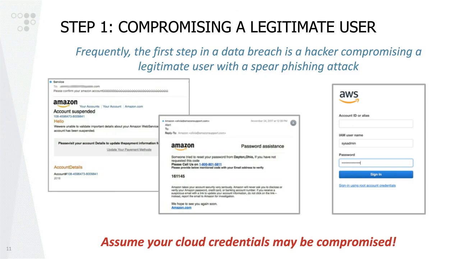So the first step in this data breach is something that frequently happens: compromising a legitimate user. Now, user credentials can leak in a host of ways. It can be a spear phishing incident, it can be negligence, it can be some sort of misconfiguration, it can be theft of third-party credentials, and so on.